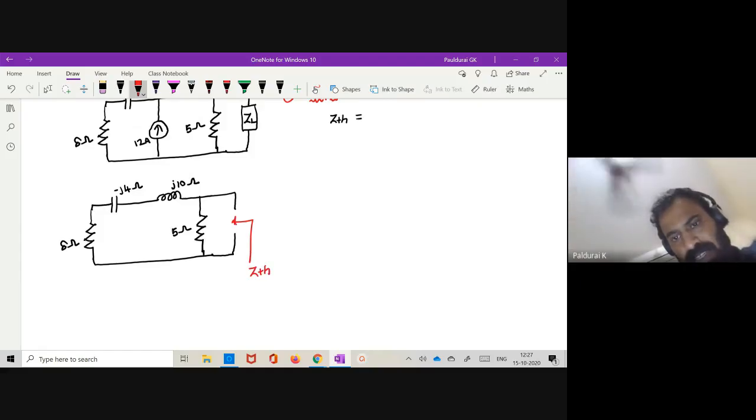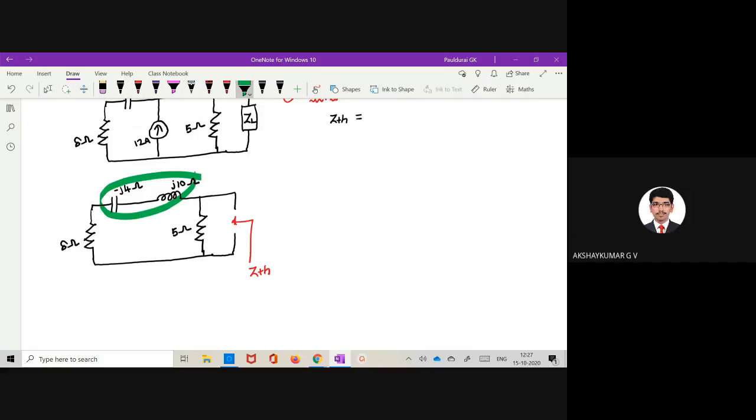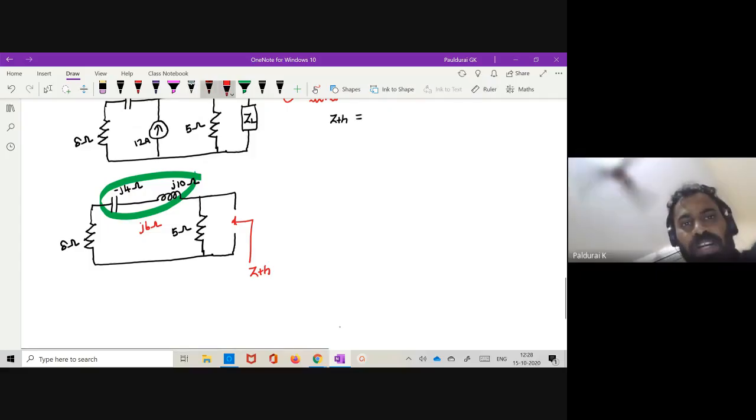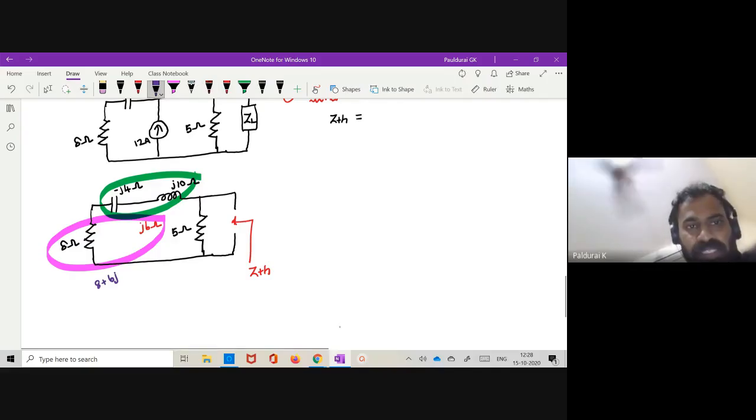Now this is my ZTH. Now how are these two connected? Any idea? Series, sir. So minus J4 plus J10 will give you J6 ohm. Now how are this J6 and 8 connected? Series, sir. So it becomes 8 plus J6. Now how are this 8 plus 6J and 5 ohm connected?